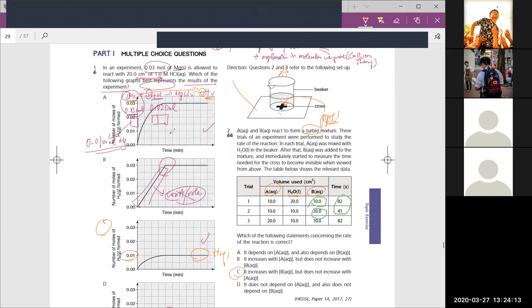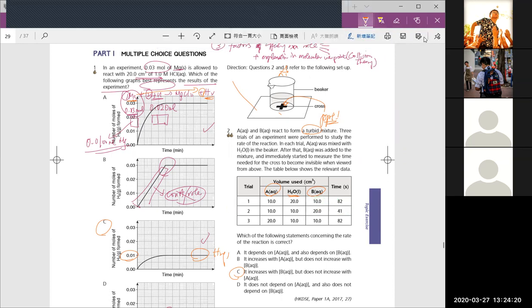Now this one, you will want to take a look at B. If you want to take a look at B, you are going to look at A and B, right? So only the concentration of B changes, right? The concentration of B decreases by half. So what will happen to the time?